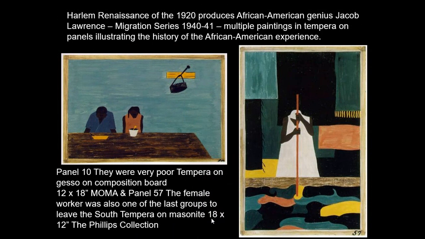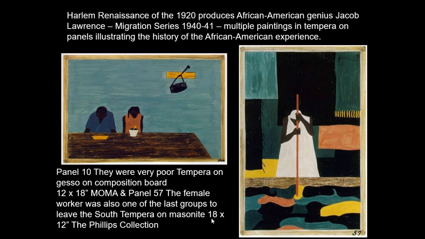It was African Americans leaving southern cities and states and moving to northern cities and states in the search of better jobs, better opportunities. And it didn't, of course, always go perfectly. There were plenty of hardships along the way, but this is a pretty remarkable series of paintings that depicts a very important moment in the history of African Americans as citizens in this country.